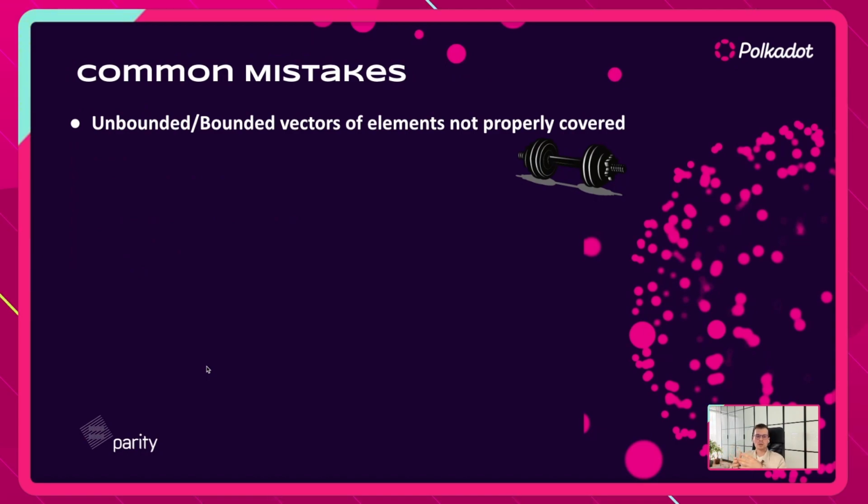But in a situation that we have a very long vector with multiple elements, and we need to apply some calculations on each element, we can exceed the block time, and we will see what it causes.